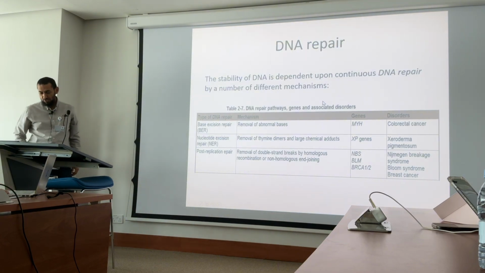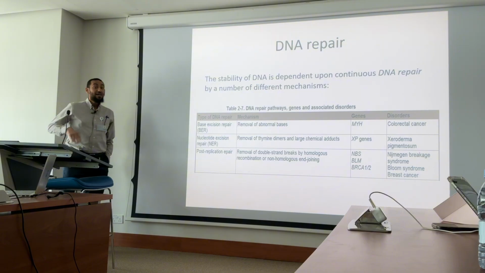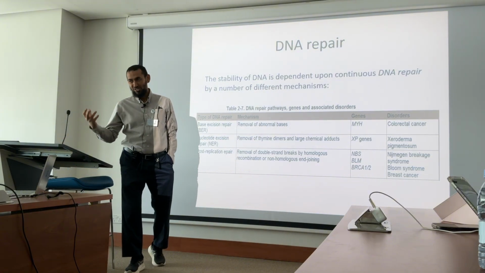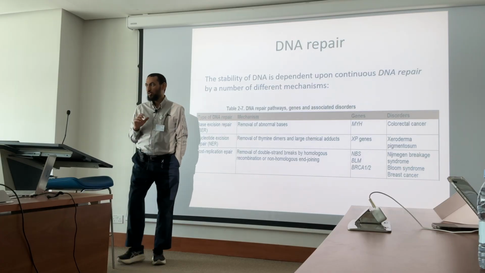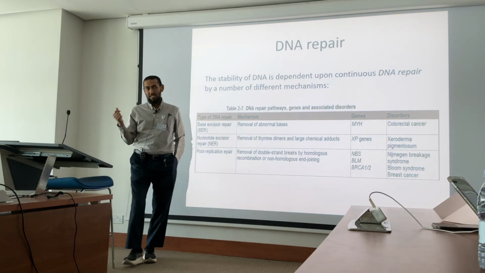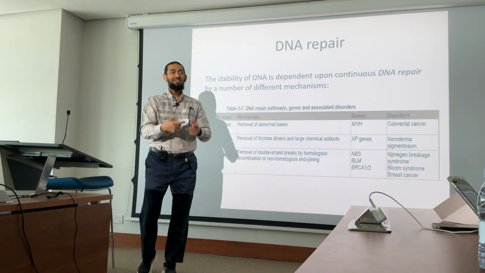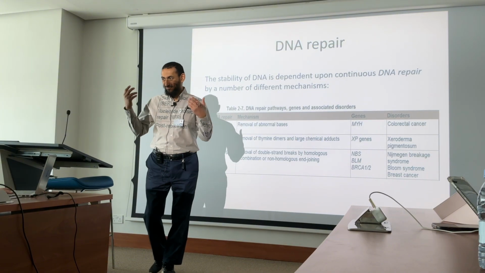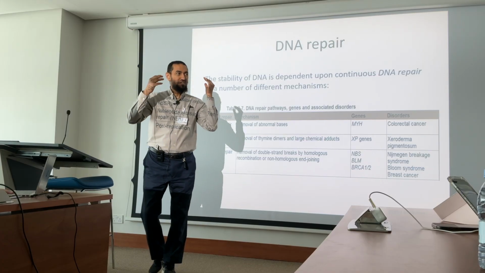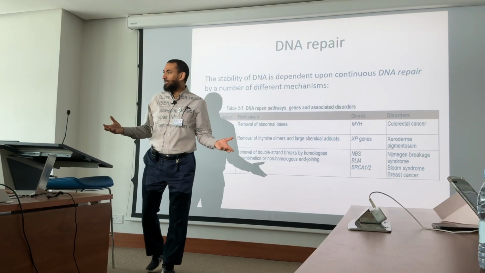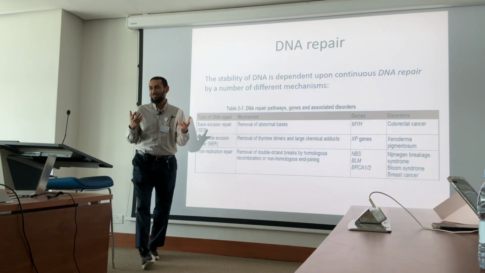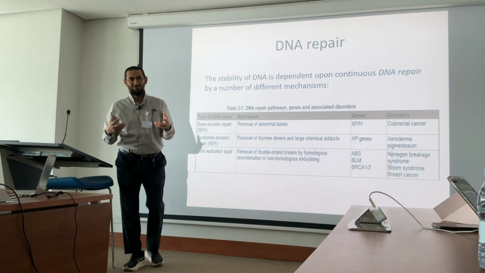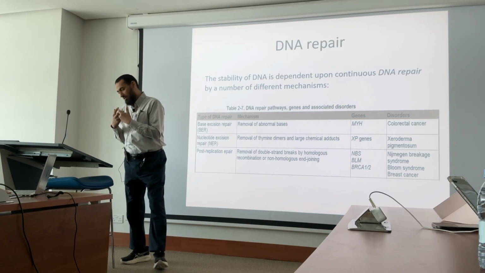Now, this process of repair is controlled by genes. So if we have a mutation in the genes responsible for this repair mechanism, this can explain how cancer can be familial. By common sense, we think cancer has nothing to do with genetics, that it's because we are exposed to something, a cancerous substance.